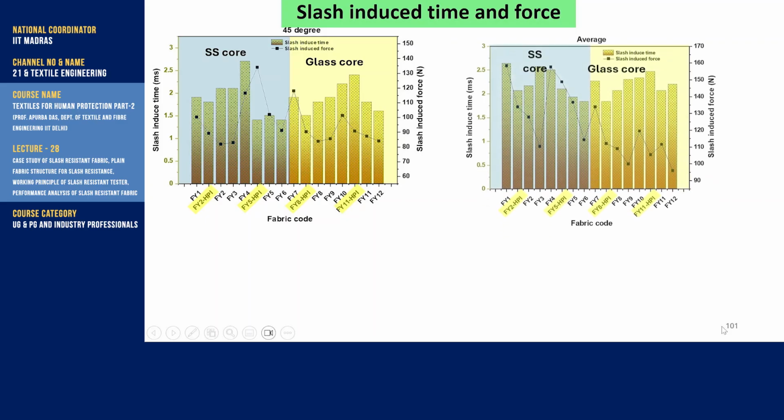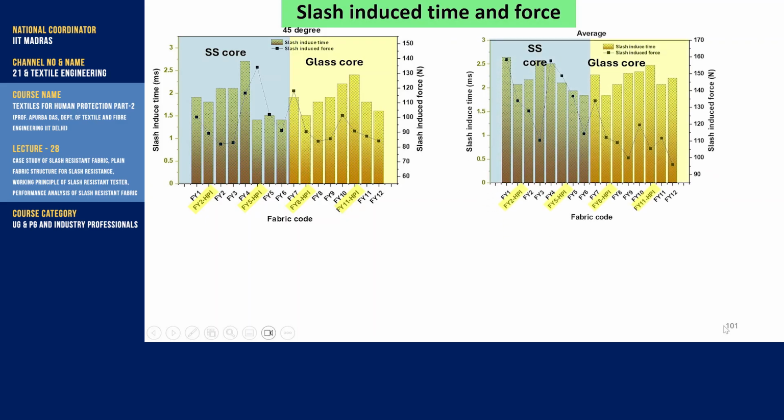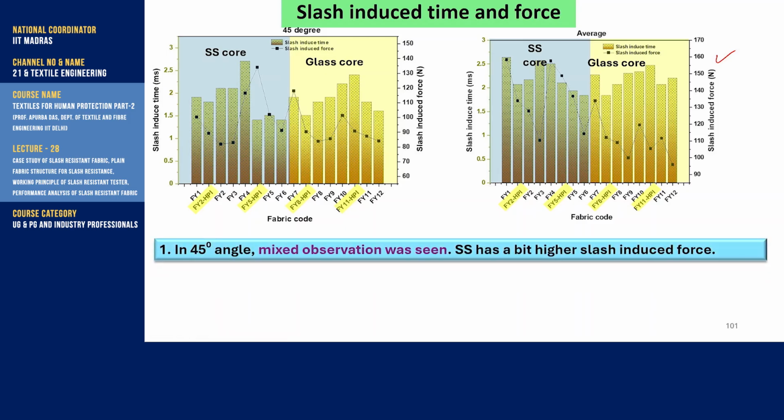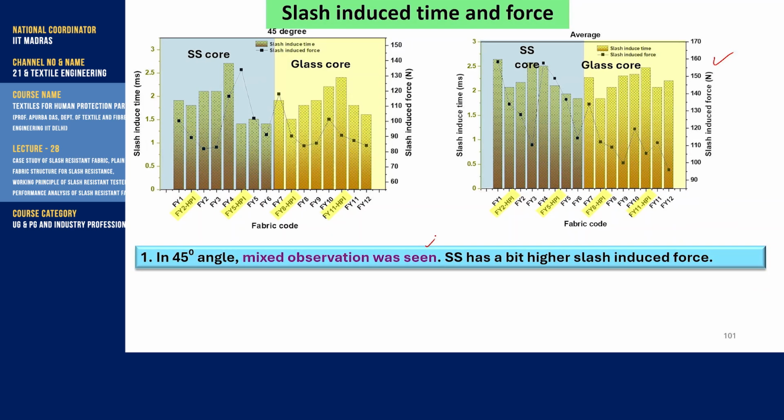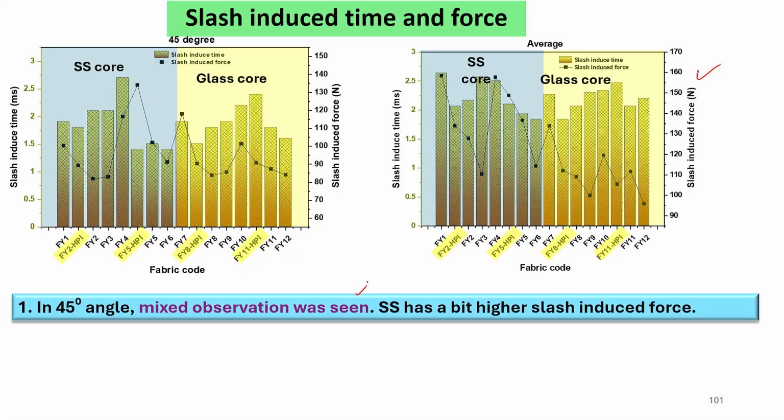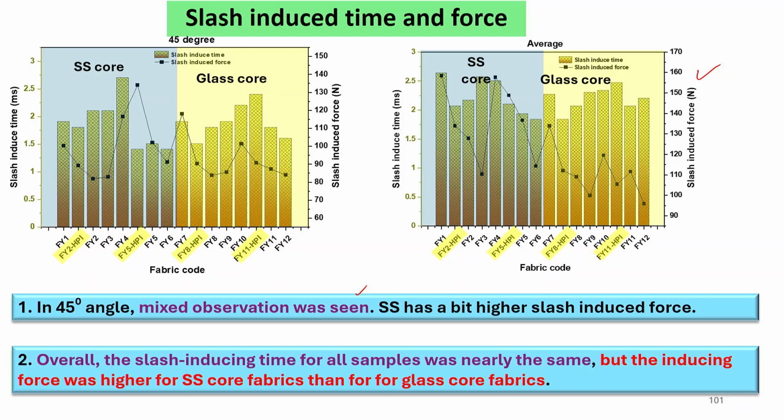At 45 degree, and this is for average. So, mixed observation were observed at 45 degree. Overall, the slash inducing time for all samples were nearly same.